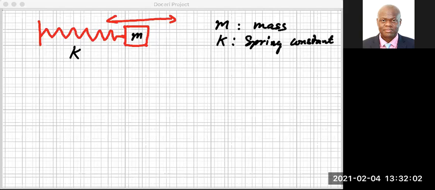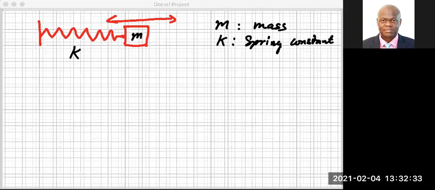The spring constant is the number that characterizes the spring. It tells you how easy it is to stretch or compress the spring, okay? The ratio of the force to the compression. So springs with larger values of K means it takes more force to compress or to stretch it.